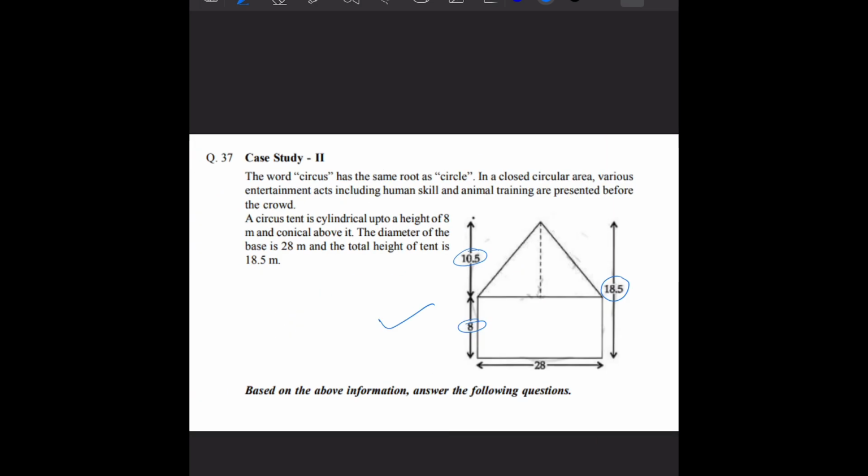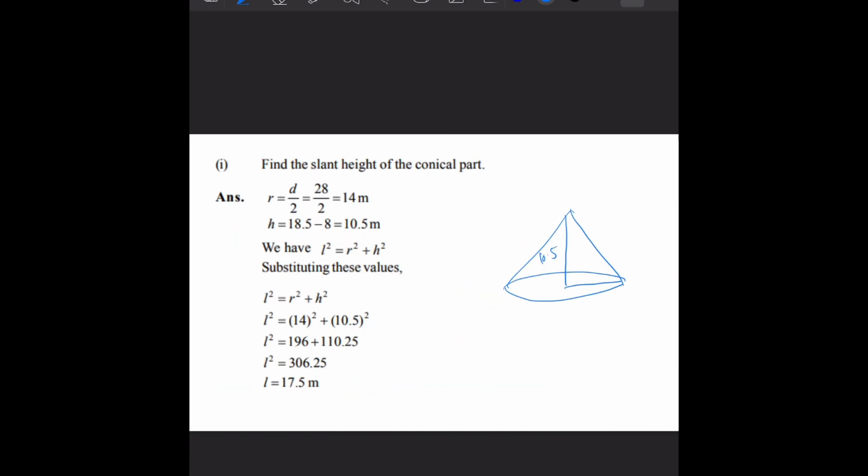As the diameter of the base is 28, the radius will be 14. Height is 10.5. How do we find the slant height? L square equals R square plus H square. We put the values. We get L square equals 306.25. Taking the square root on both sides, that will be 17.5 meter.